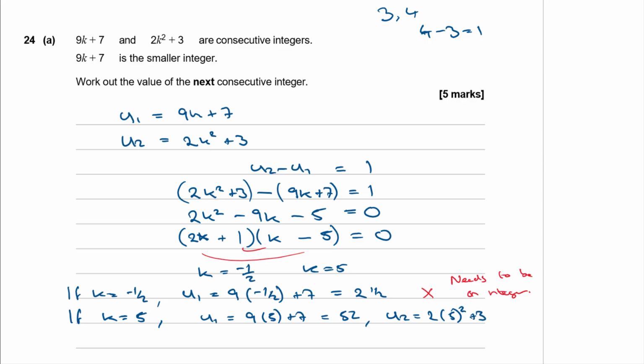So that's 25, 50, that is 53, so that's good, that's one more. So therefore, the next term is quite easy to find. Let's just add one. So yeah, 54 is the next consecutive integer. We've got 52, then the next one was 53, so the one we're looking for is 54 then.